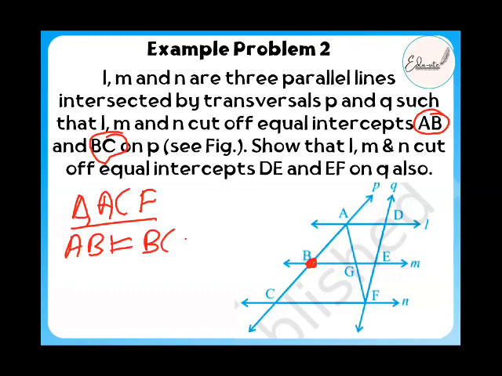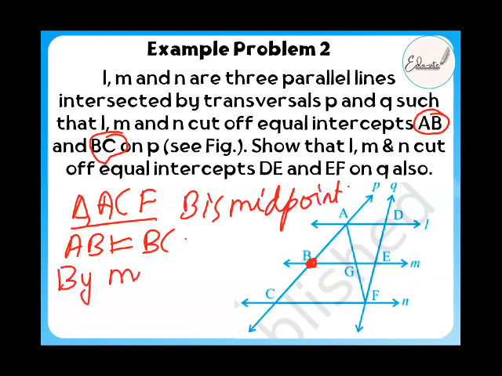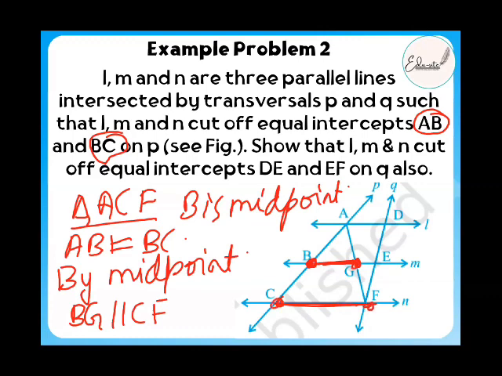By the midpoint theorem, do you know what the midpoint theorem is? We can tell that BG is parallel to CF, right? Yes. This BG is parallel to CF. That is the first thing we have to write.